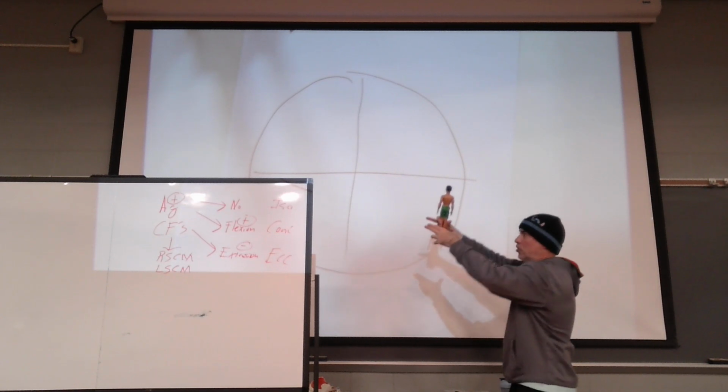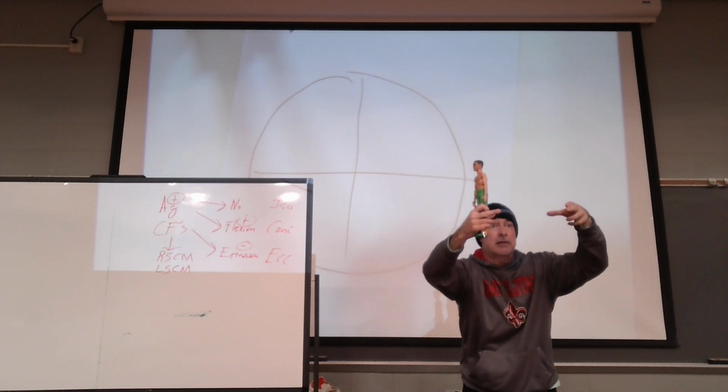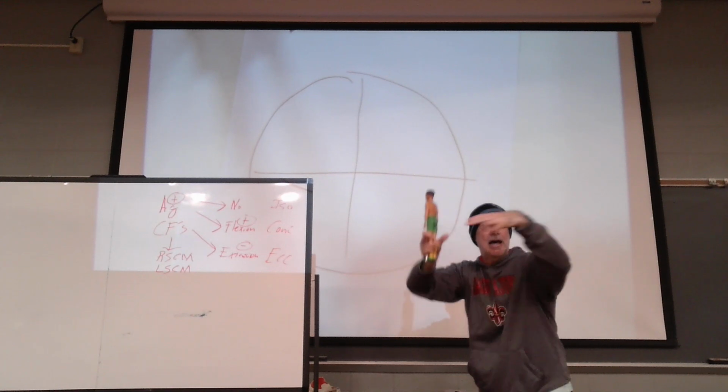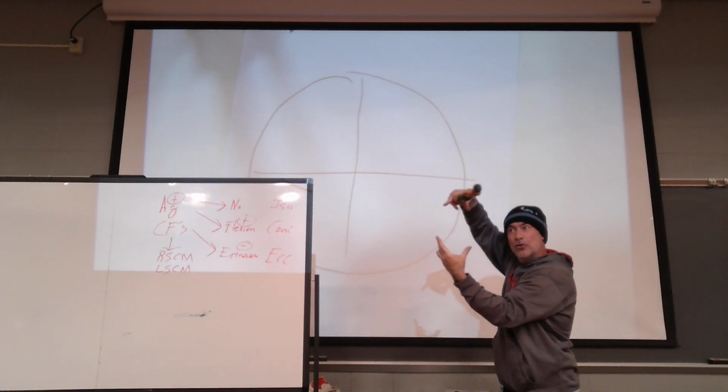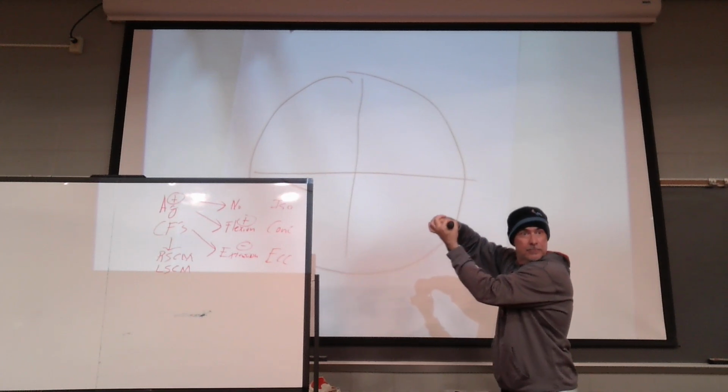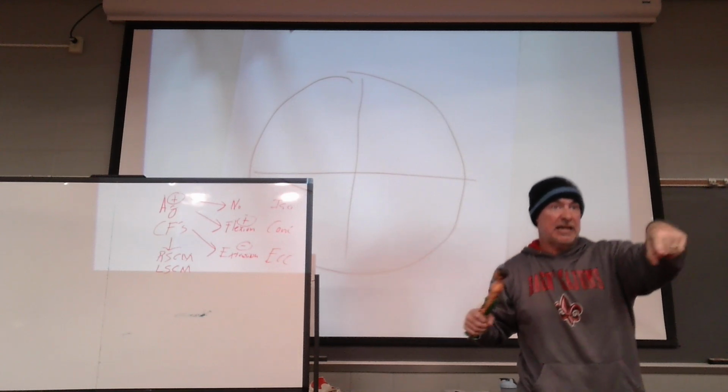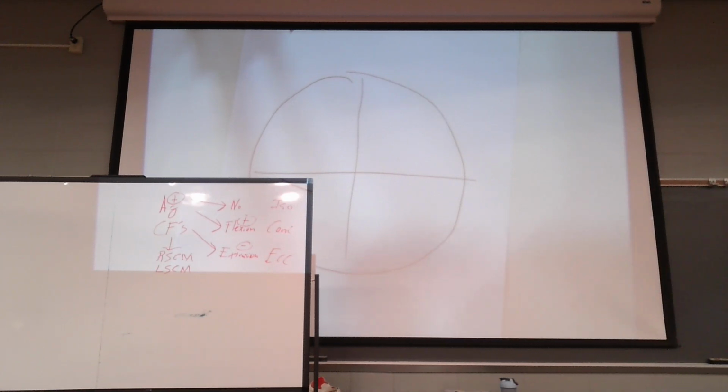I can't draw the circle like this because you couldn't see it. I had to rotate it on the board so that we can see it. However, on your desktop, that's literally how the circle would be. It'd be like this. It's the front, it's the back, left side, right side. But if your desktop is like this, then we have to rotate so that you can see.